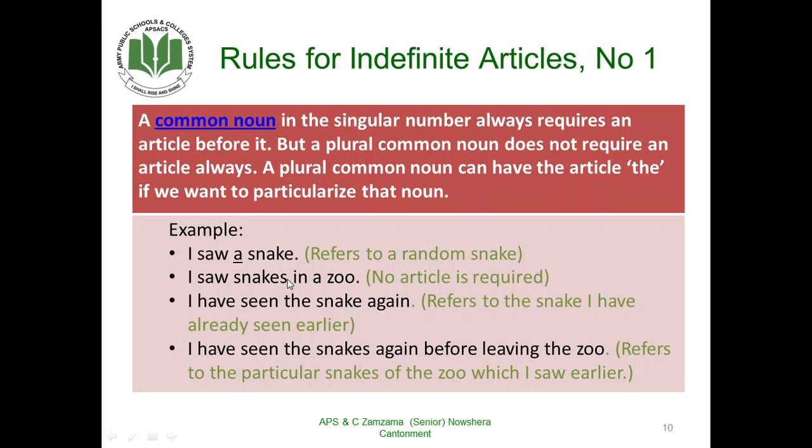I have seen the snake again. Here it refers to the snake which I have already seen earlier. I have seen the snakes again before leaving the zoo. Here we are referring to the particular snakes of the zoo which we saw earlier as well.